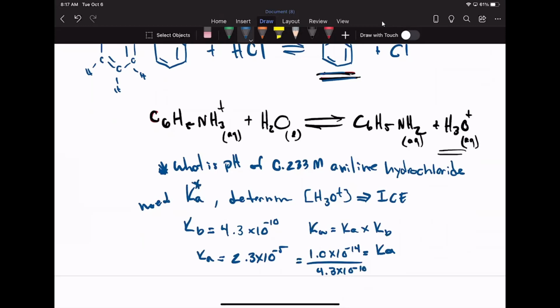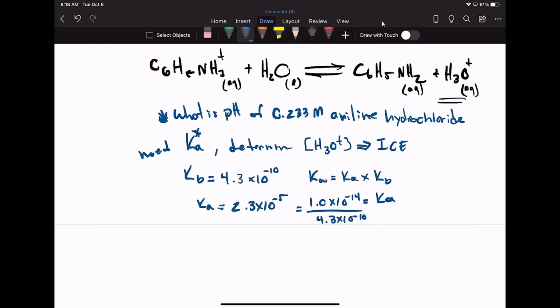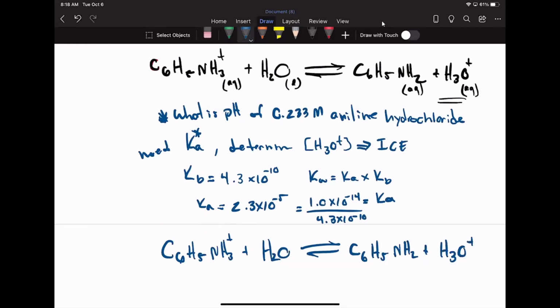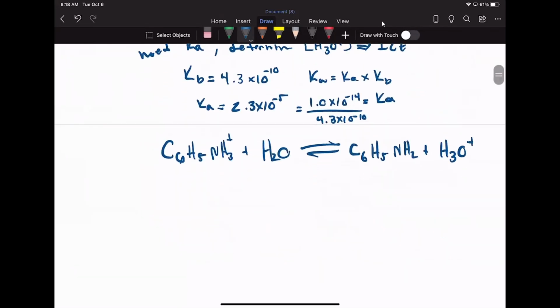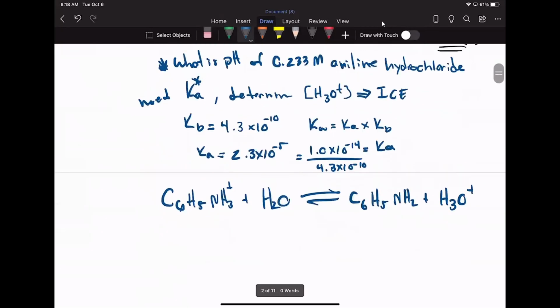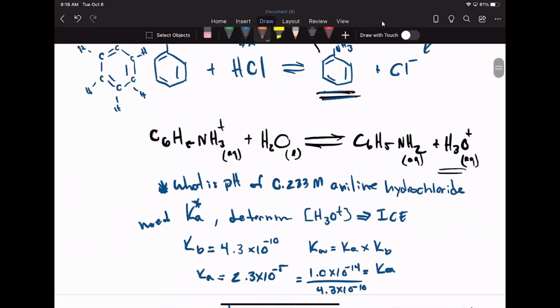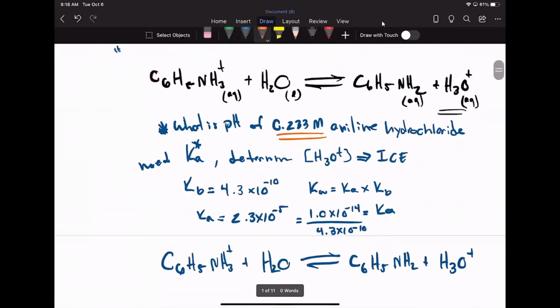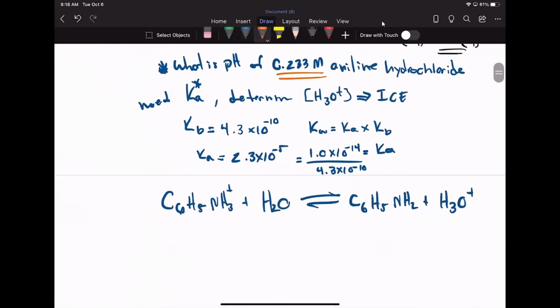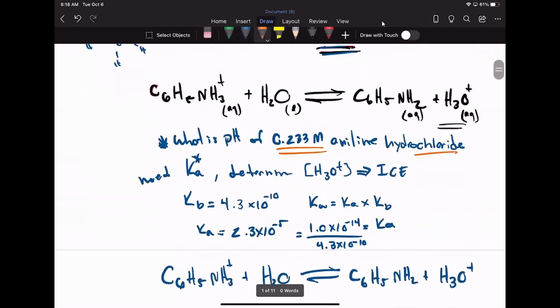Now that I know what the Ka is, let's go ahead and get our table here. I'm just going to rewrite the formula: C6H5NH3 plus water gives C6H5NH2 plus hydronium. Now that I know the Ka, we can come up with an ICE table, because I do have an initial concentration of the aniline hydrochloride.